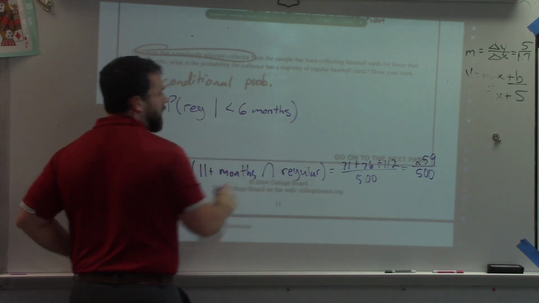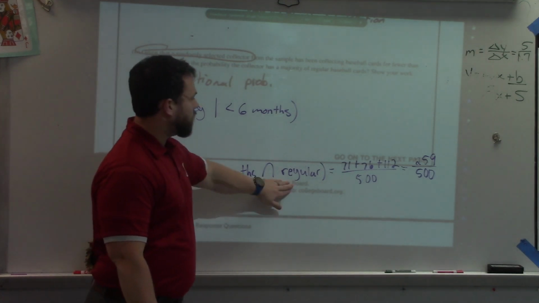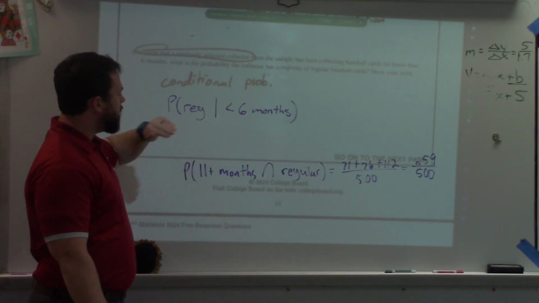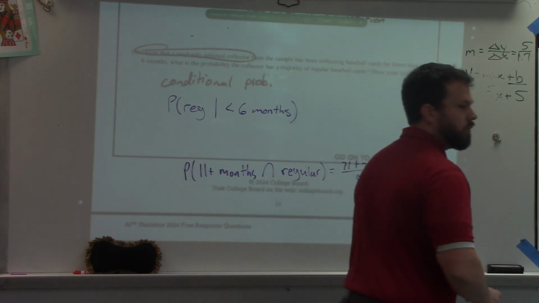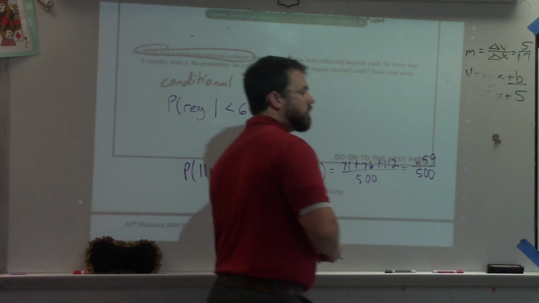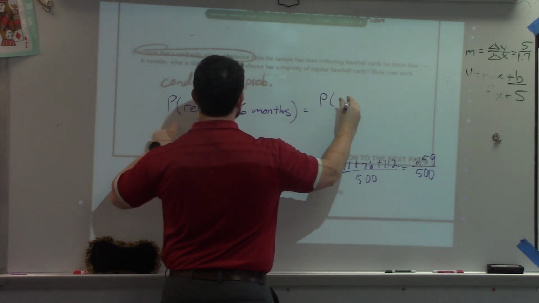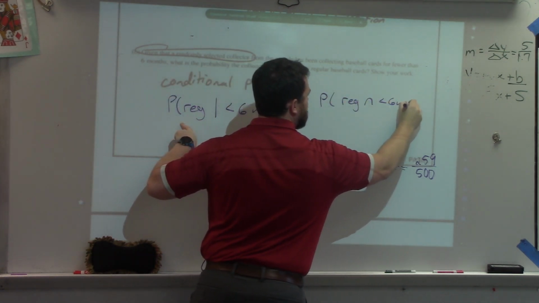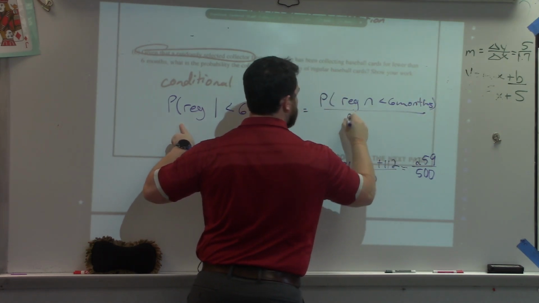So now I'm not looking at the whole population. When it was 11 plus months and regular, I'm looking at everyone. But now, who's the only group I'm looking at? Less than 6 months. Also, remember, Serena, that this is the probability of the intersection divided by my condition.